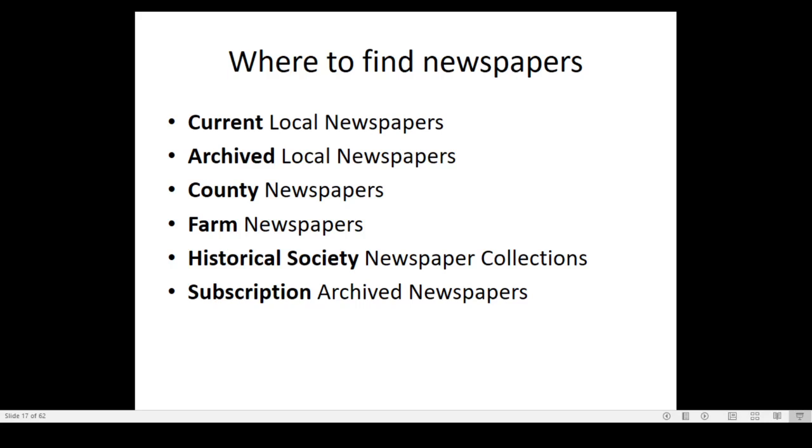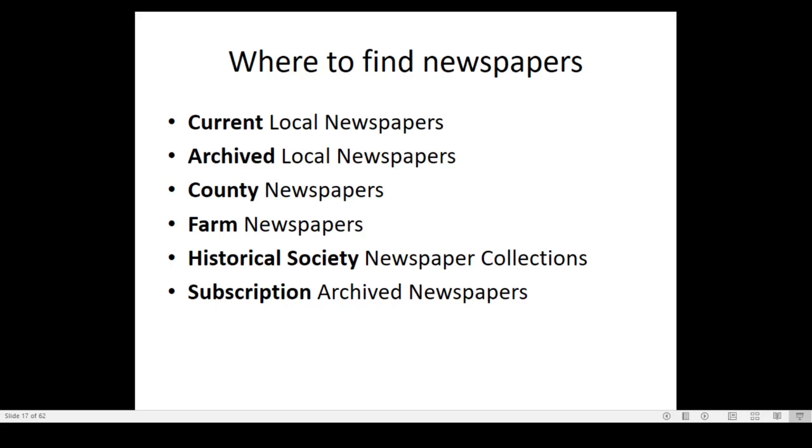So where do you find newspapers? There's some categories that I classify these as. I say current local newspapers. That'd be like trying to find out who died this week in the Milwaukee Journal. So that's a current local newspaper. There's an archive local newspaper. Typically, they may go back 4 or 5 years. Some go back much further. There are county newspapers, and there are farm newspapers. So you have to consider, what was your ancestors' occupation?